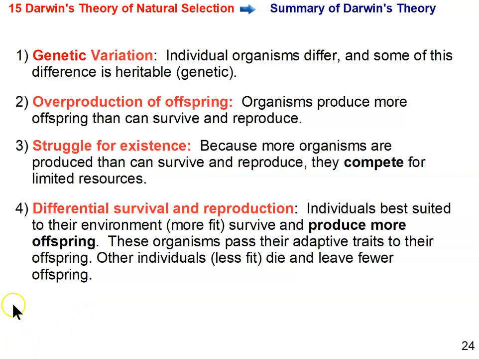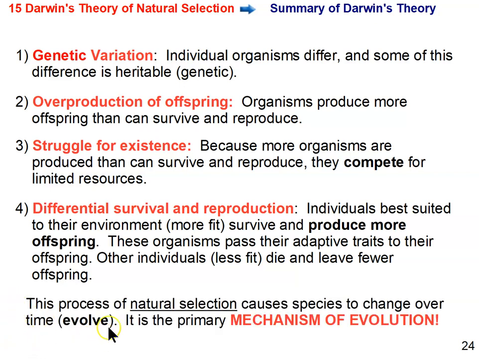So these 4 components, this process, is natural selection and causes species to change over time. In other words, evolve. It's the primary mechanism of evolution, and that's what Darwin figured out. That's why we revere him. He was the first to figure out this mechanism of evolution and gather all kinds of evidence to support it.